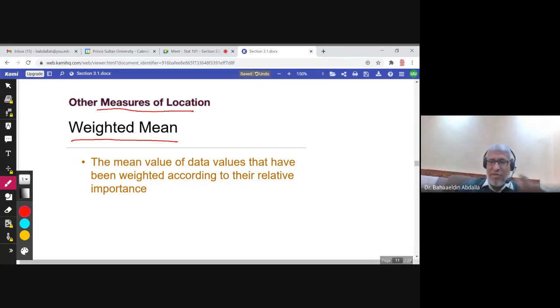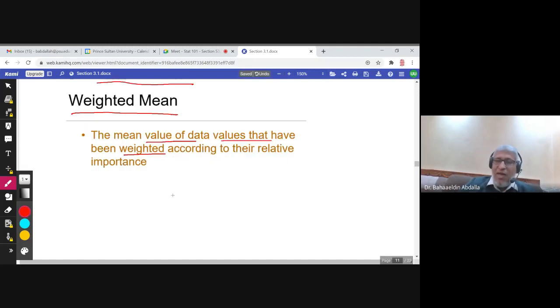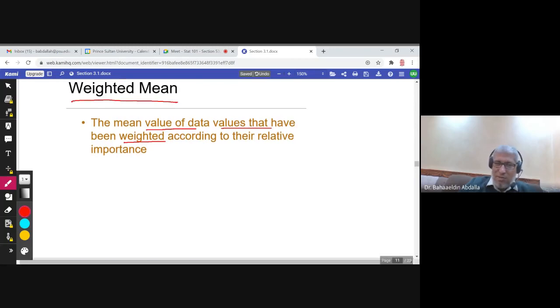You add the numbers and divide by a small n or capital N. But what would happen? How to find the weighted mean? There will be weights, okay? So the mean value will be, we will have values that have been weighted according to some measure, okay, to their relative importance. So we have weighted values, okay?